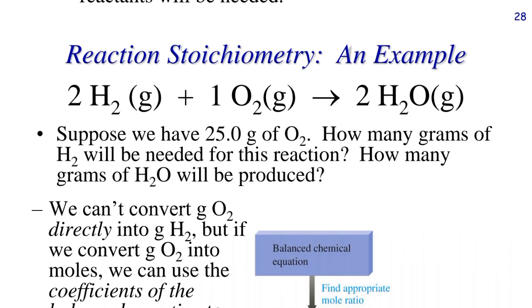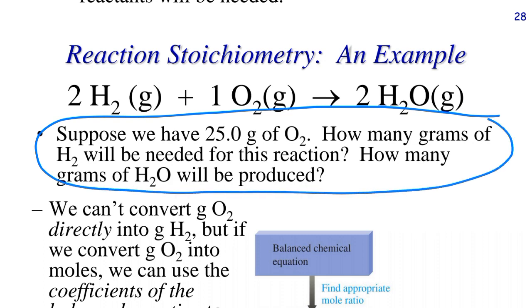For example, suppose we have 25 grams of oxygen gas. How many grams of hydrogen gas will be needed for this reaction? How many grams of water will be produced? From the equation that I have provided here, you have been given the mass of oxygen, that is 25 grams.